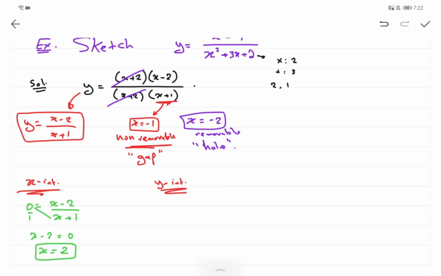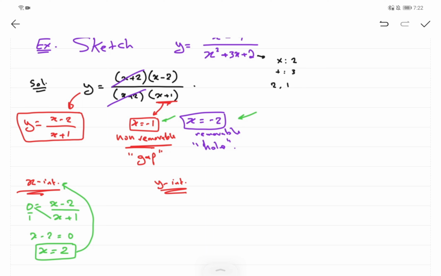So again, this is the x-intercept. Please guys, don't mix it with the removable and non-removable points of discontinuity. This is where the graph intersects the x-axis. This is not the point of discontinuity.